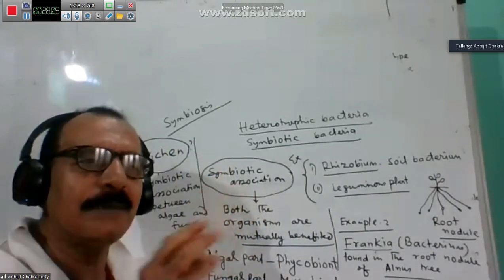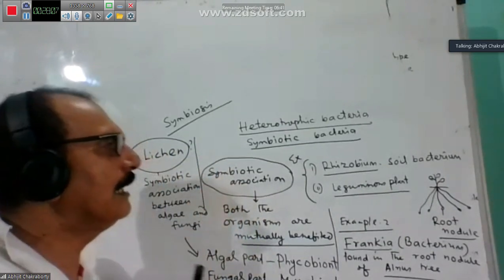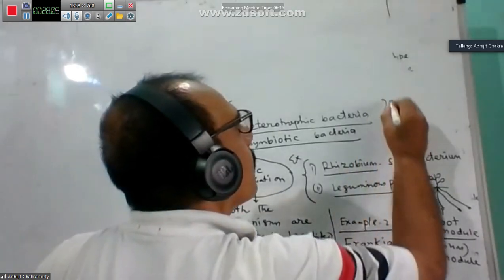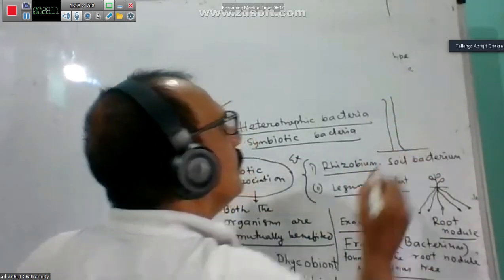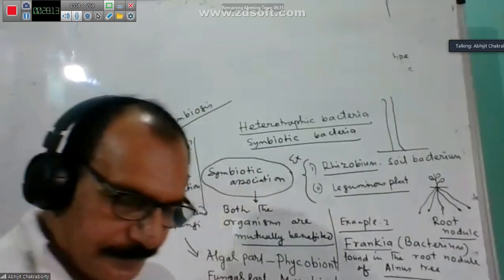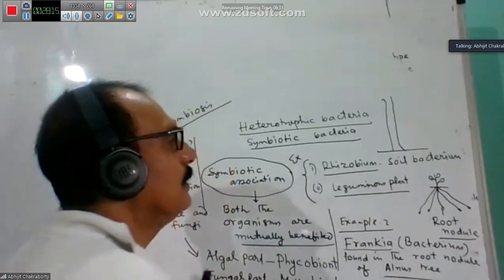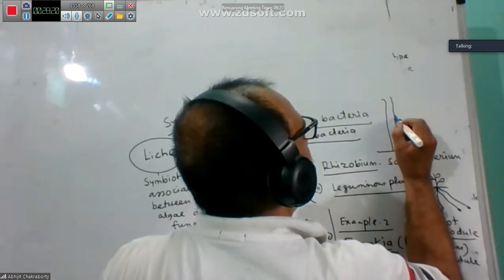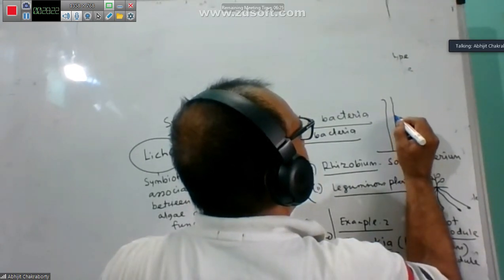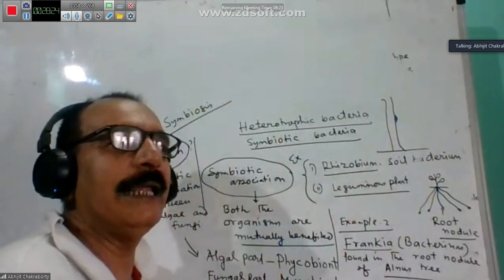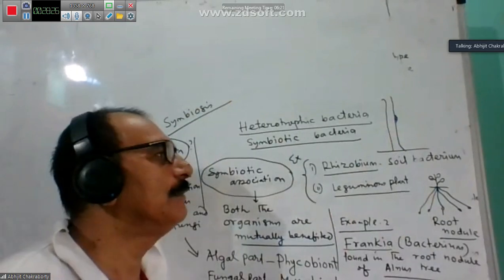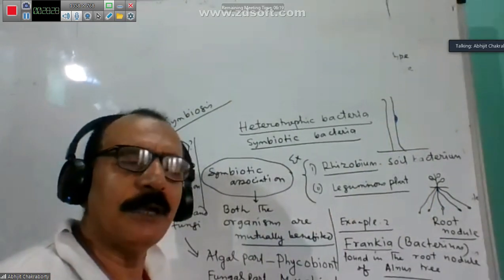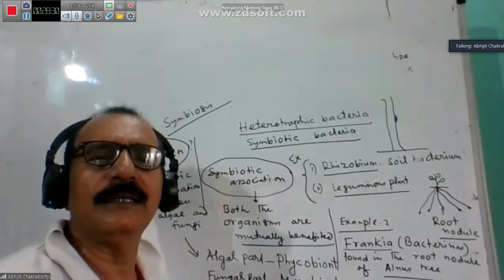In different trees, some patches are found, like suppose patches over here. These are grayish blue patches, and these are nothing but the lichens. If you observe the trees around you, you will get it somehow, I think.